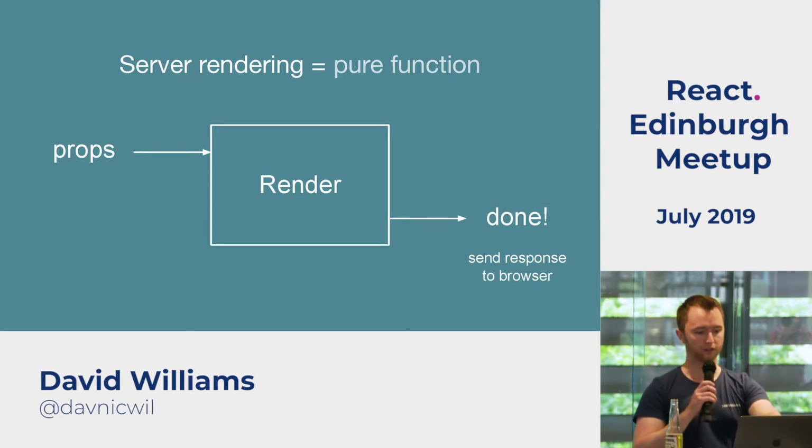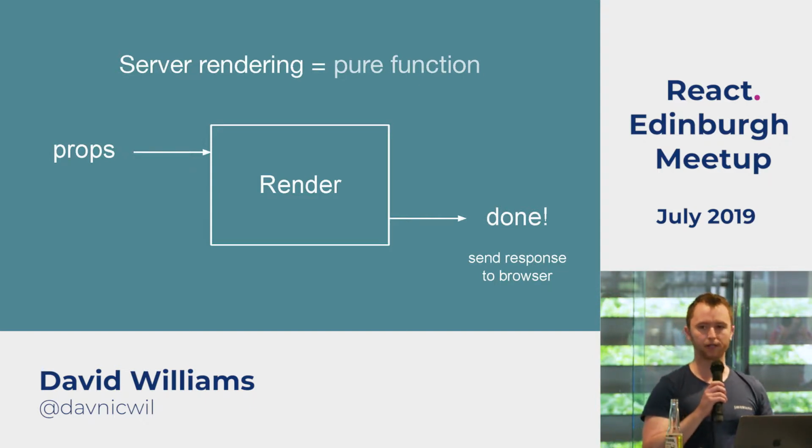So when it's on the server, this component is not sitting there waiting for updates. It just exists for the fraction of time it needs to do the synchronous render, and then it's done, and it just dies. It goes away forever.